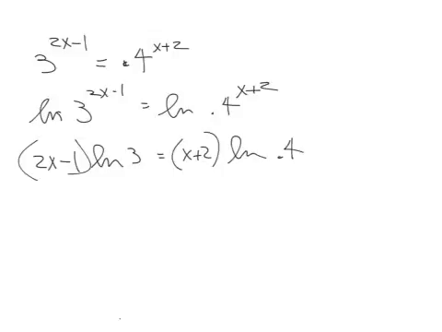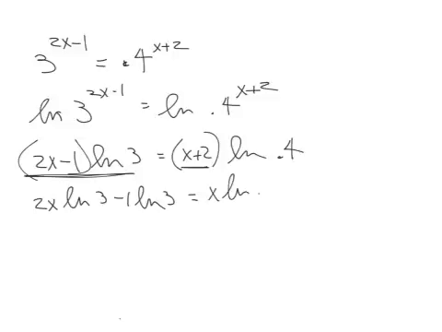Okay. Now what do we do? Let's see here. How about if we distribute 2x ln 3 minus 1 ln of 3, and let's distribute this to x ln 0.4 plus 2 ln 0.4.